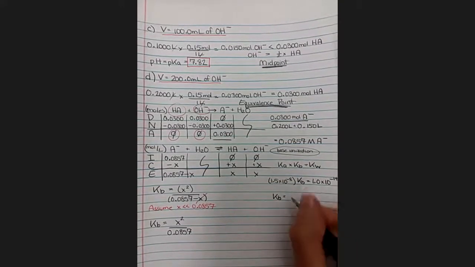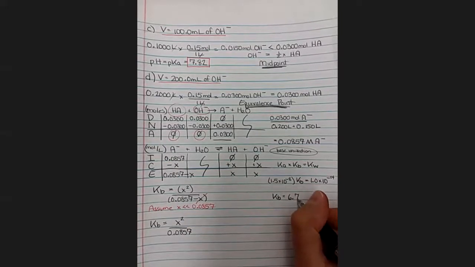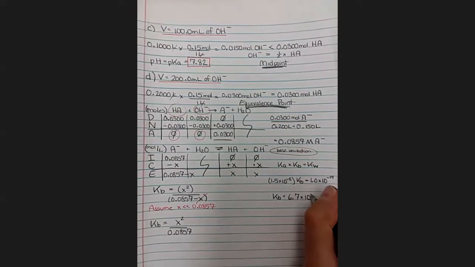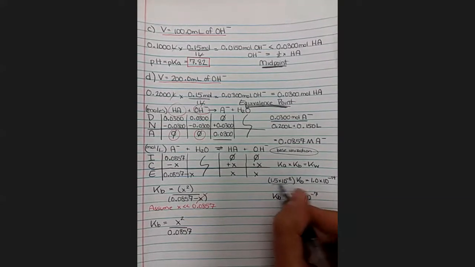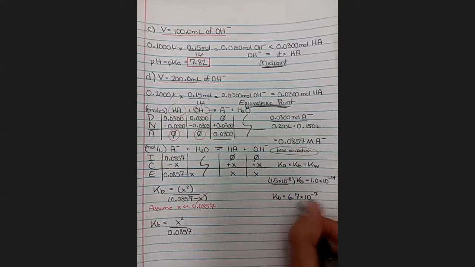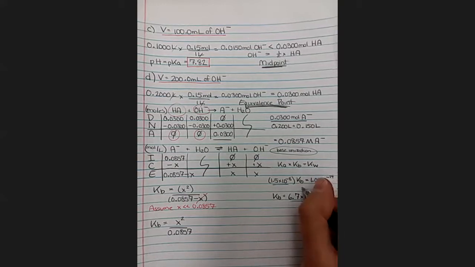We can solve for our Kb to be 6.7 times 10 to the negative 7th. And we can even take a little pit stop here and compare the sizes. So our Ka is 10 to the negative 8th, and our Kb is 10 to the negative 7th. So we can see that this example problem that we're doing is actually slightly basic.